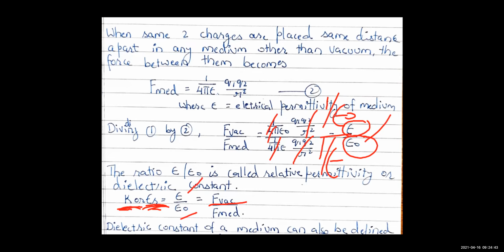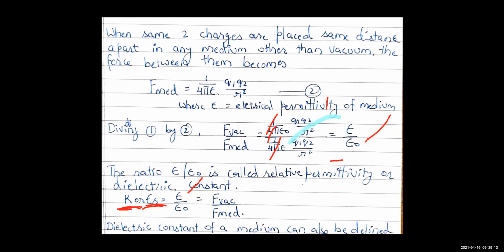So children, if you want to define this relative permittivity or dielectric constant, you can define it as the ratio of the force of interaction between two charges separated by a certain distance in vacuum upon the force of interaction between the same point charges kept at the same distance, but this time in some particular medium, right children?